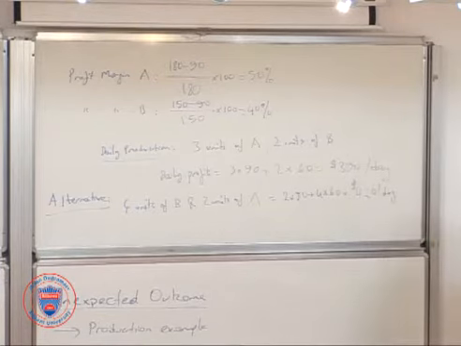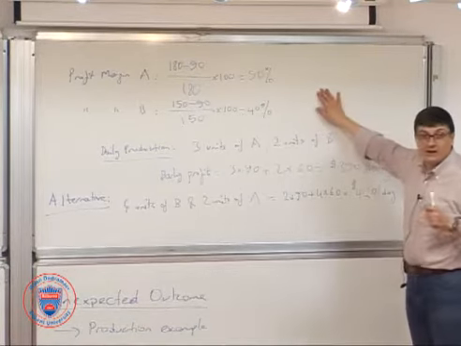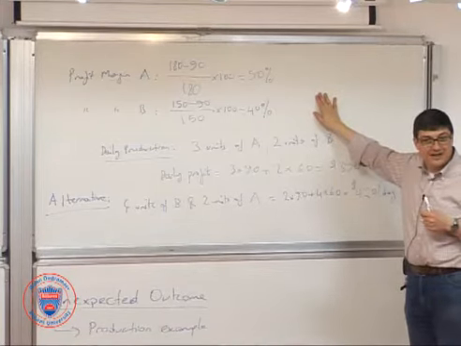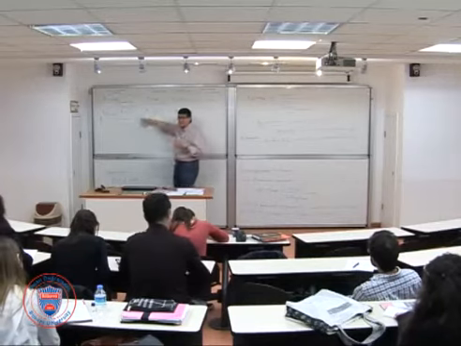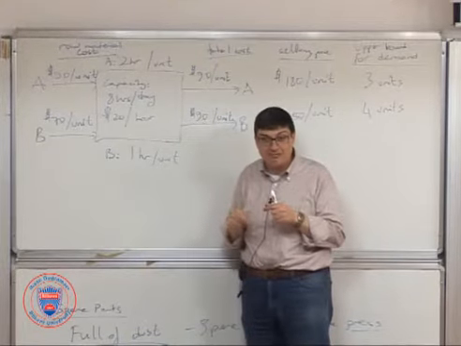Okay. Now, what is the reason for this? Well, there is something else that maybe we should think about. And that's the amount of capacity that each product utilizes. Our profit margin performance was a very simplistic performance. Why? Because it assumed that the limited capacity they use is the same.